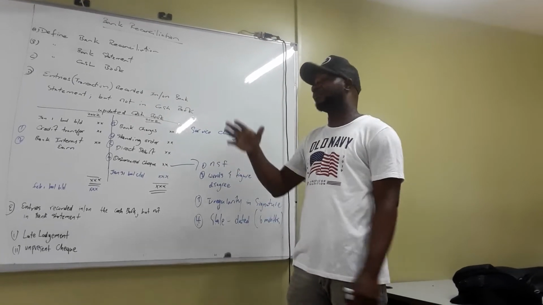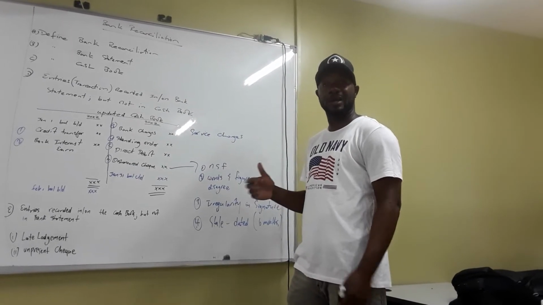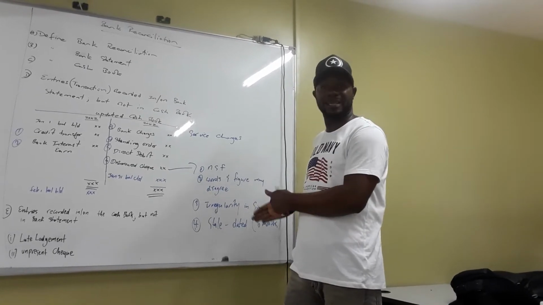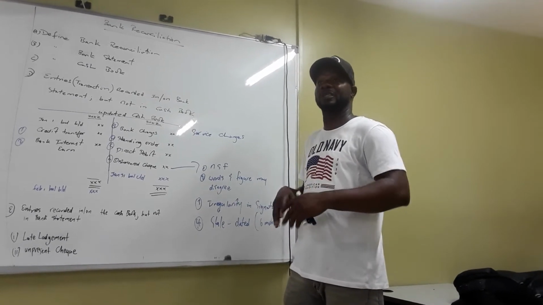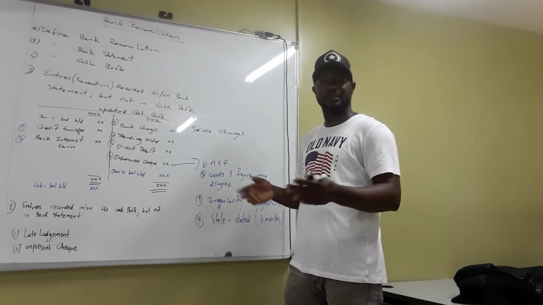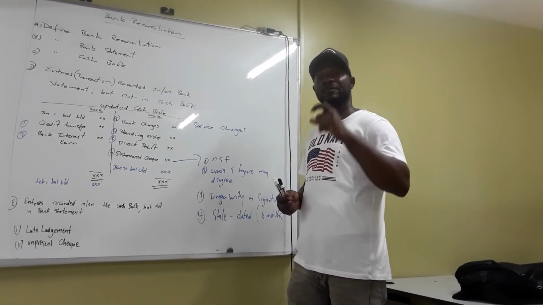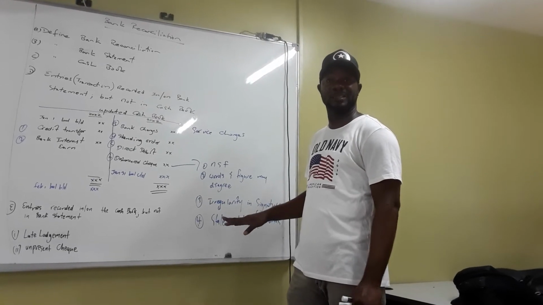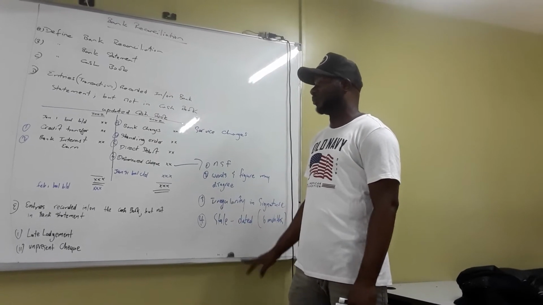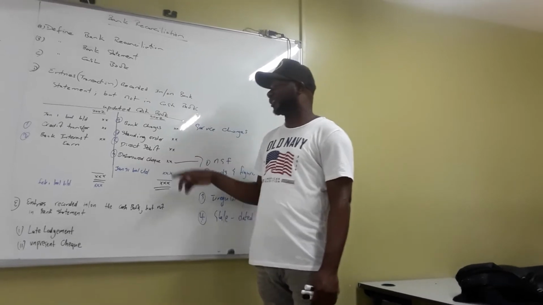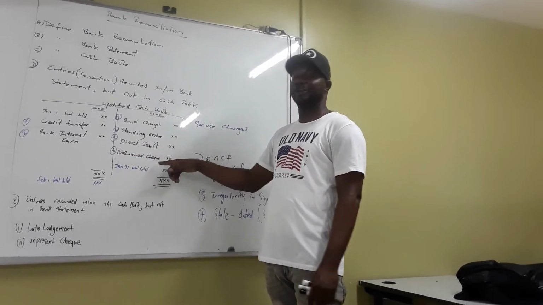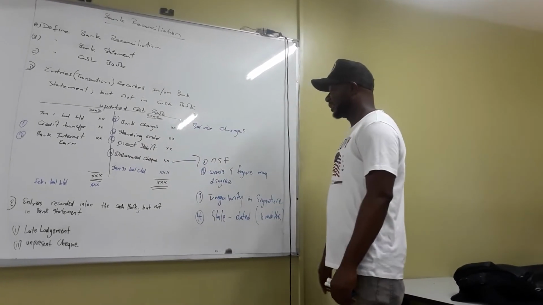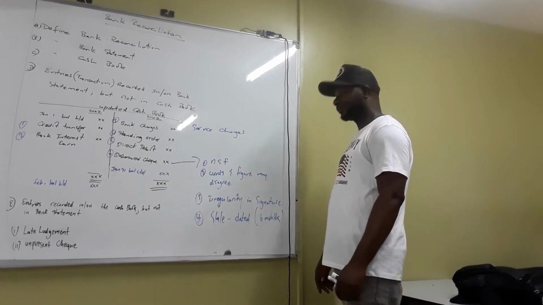So that check would have been valid up to the 25th of September. After which, any date after the 25th of September, the check would have been considered to be stale dated, because the check has a lifespan of 6 months. So any date after the 25th of September and that check has not been changed, then that check would have been stale dated, and the bank will not honor that check, thus making it a dishonored check.